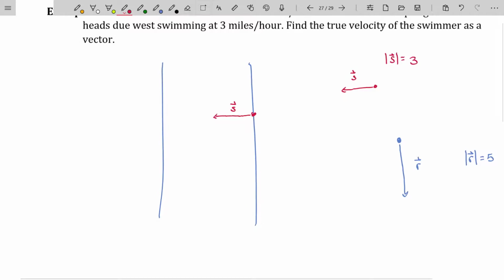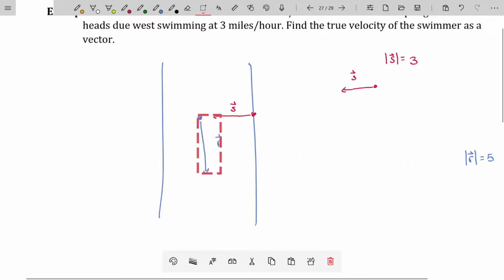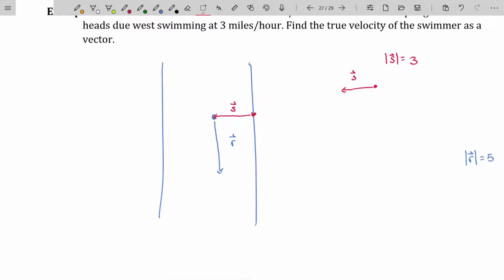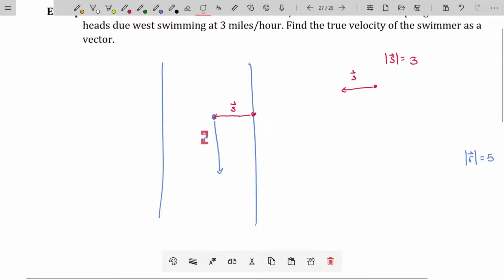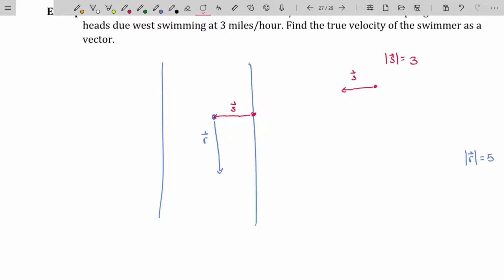So let me grab the river vector here. Oh, whoops, that didn't quite work out. So plus this river vector right here. So the sum of those two vectors will actually be the resultant vector, which is the true velocity and what we would call the resultant vector.